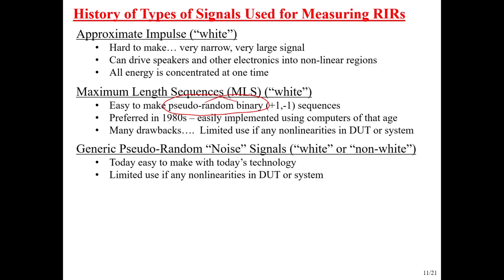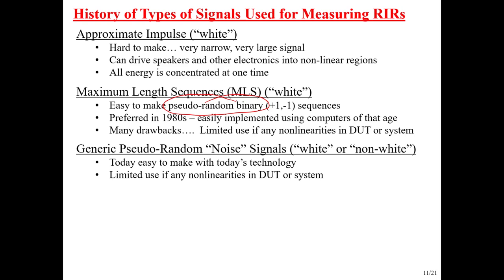And when you did that characterization of your room, it would sound like it was sending out white noise, just a very loud hiss. So that was kind of driven by this. And then that would use the time reversed version to do that.